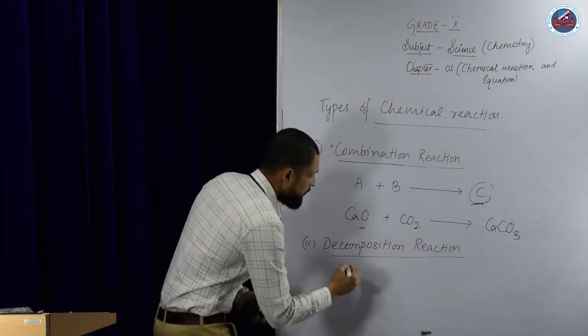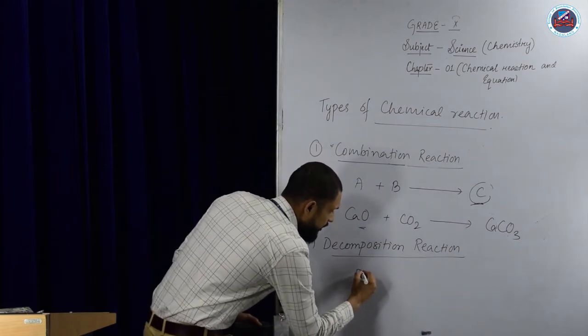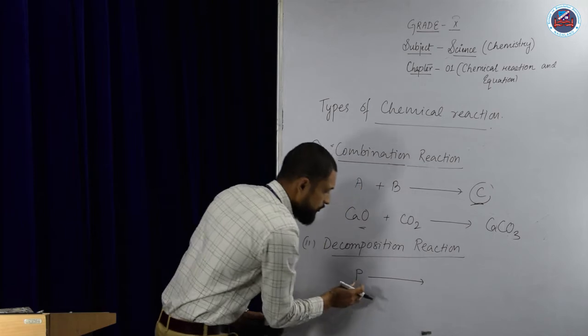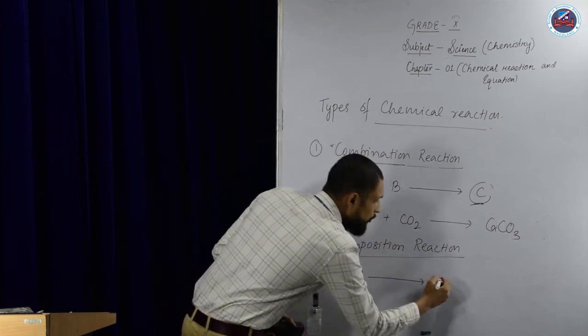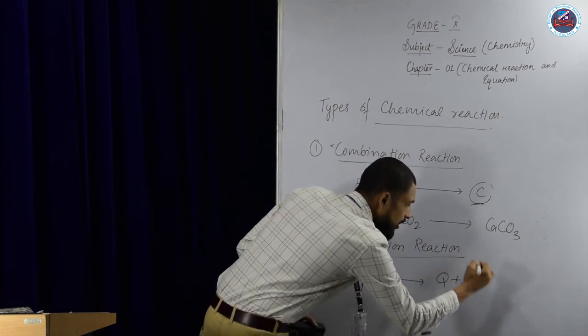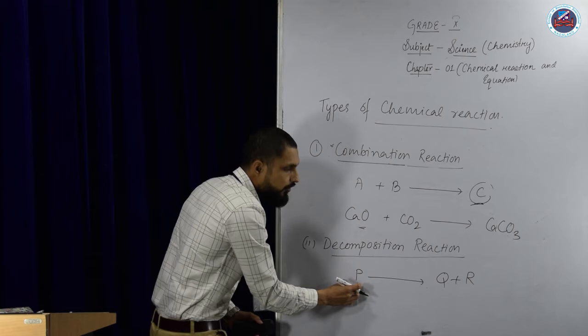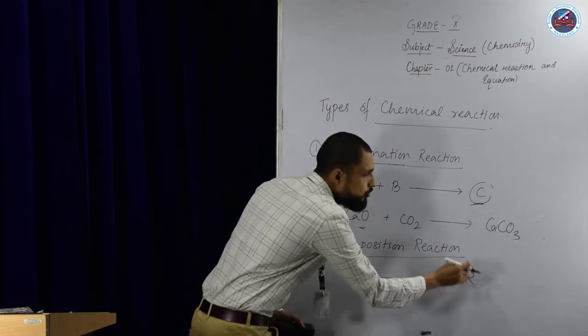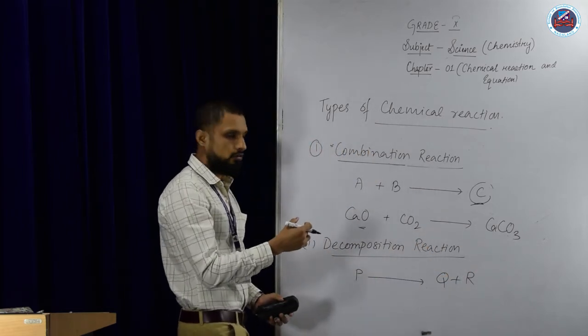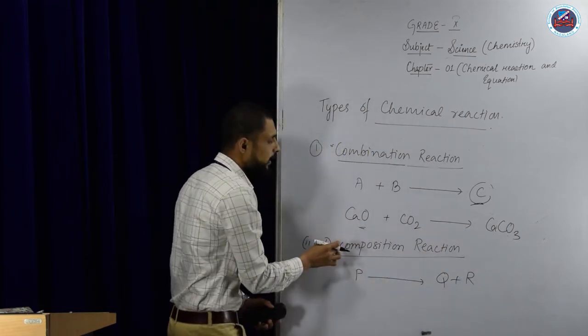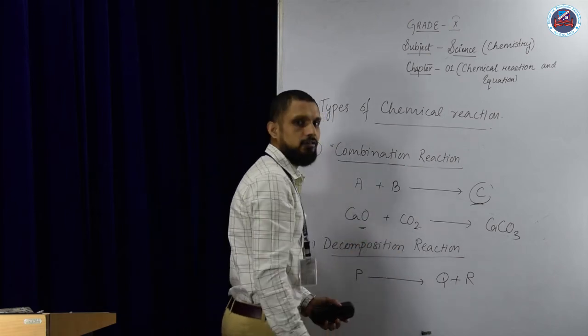So for example, you have P here. P is a reactant which will decompose to form Q plus R. That means a single reactant will give 2 products, or it can be more than 2. Such reactions are known as decomposition reaction.